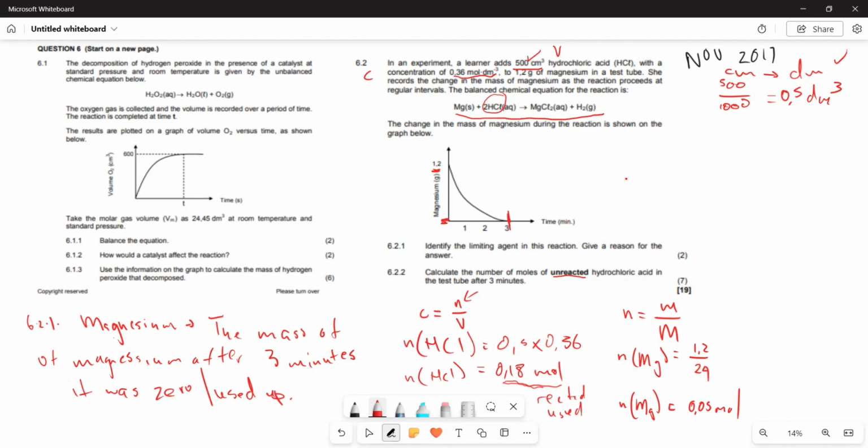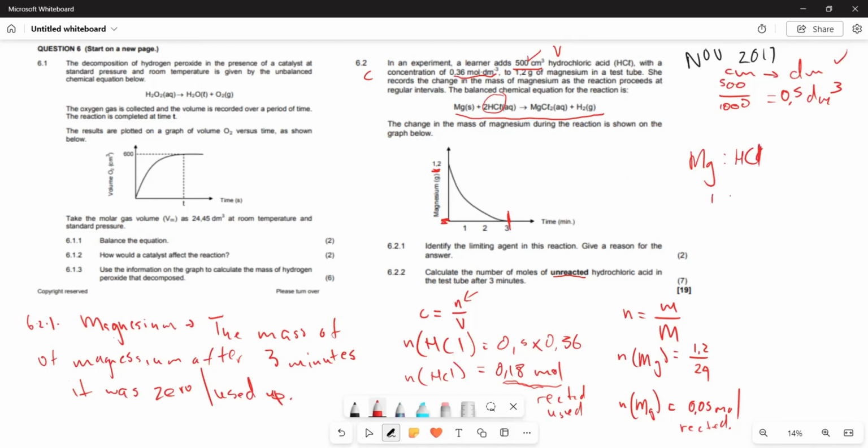And now after that, what are we going to do? Now this is also the one that reacted, right? This is the mole of your magnesium that reacted. So now we check the ratio. If we take your magnesium and your HCl, what was the ratio here?